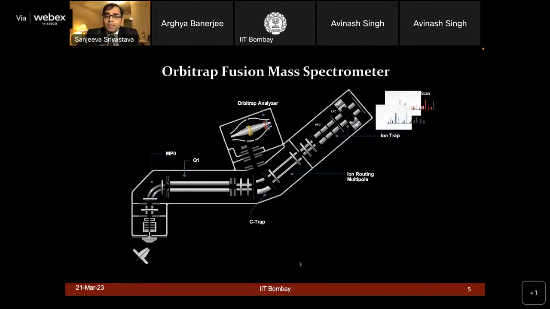So this tribrid mass spectrometer has really given us a lot of power for proteome-wide investigations. There are many other mass spectrometers currently evolving, which are equally powerful and trying to look at different types of proteomic analysis. But the Orbitrap technology, and especially Orbitrap Fusion, was the first in the series which gave us that kind of power.